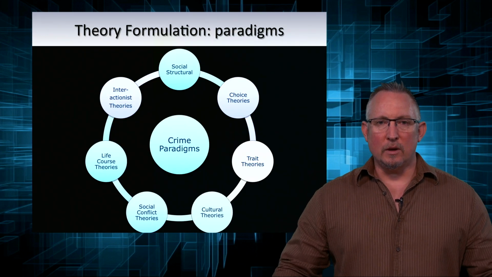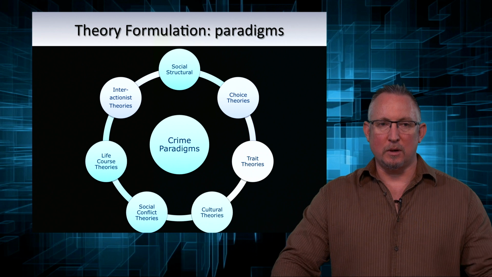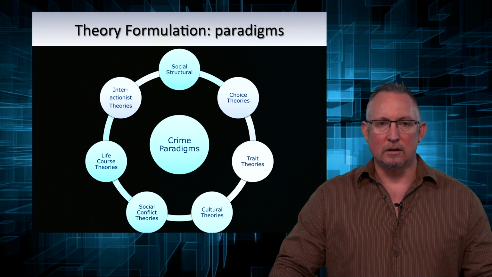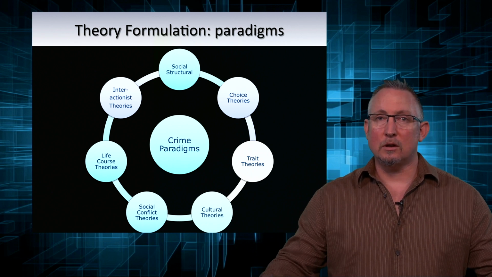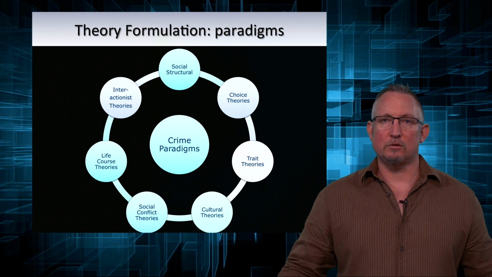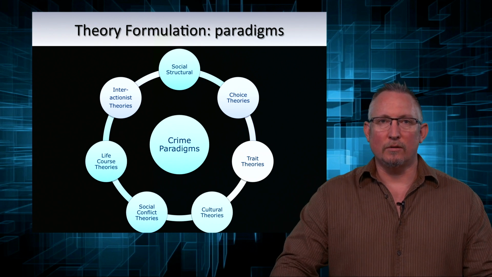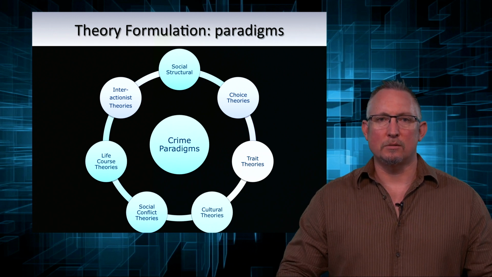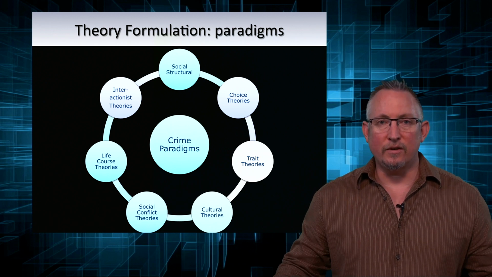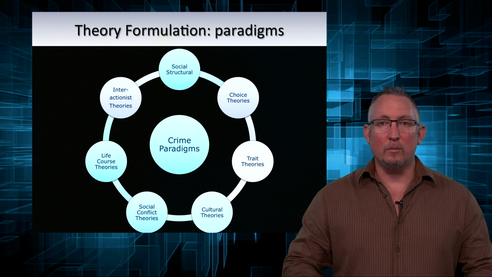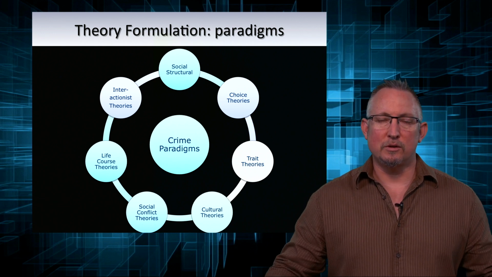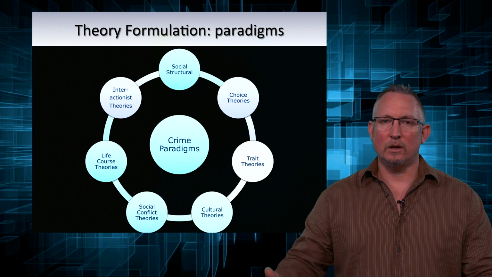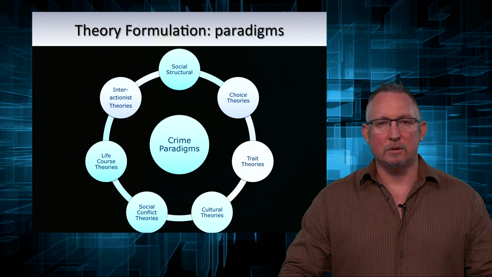So, theory formulation has a number of paradigms beyond just the dominant sociological paradigms. So I mentioned social structural, social conflict, but criminology is not only a sociological enterprise, right? So the larger sphere of criminology can draw from a number of paradigms: cultural theories, trait theories, which we'll look at next week, biological and psychological explanations of crime.